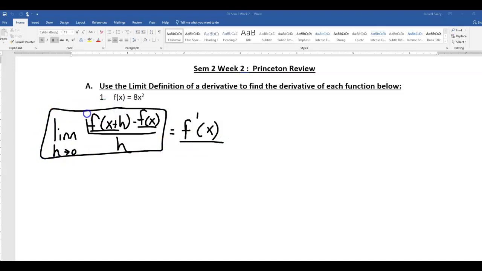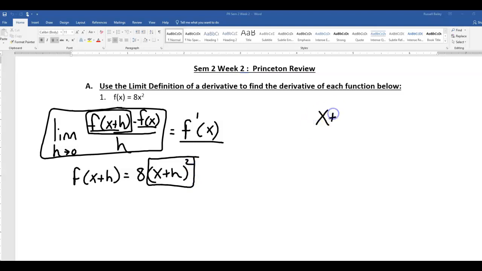First of all, we need to figure out what f of x plus h is. F of x plus h is what you would get if you took your function and plugged in x plus h for the x. There's a couple ways you can handle that. One way is you can FOIL it out. X plus h squared means x plus h times x plus h.